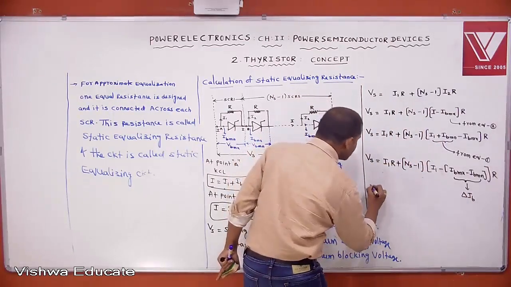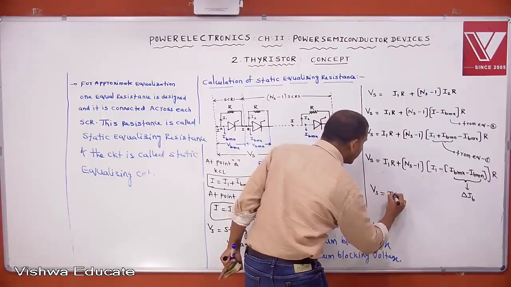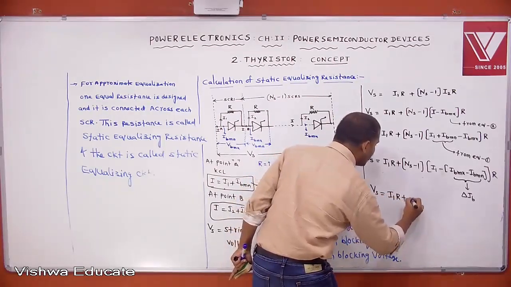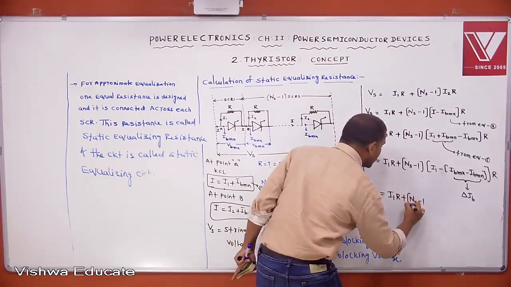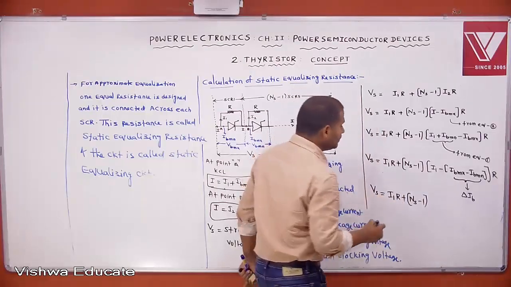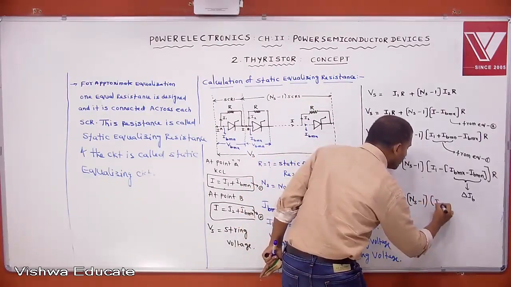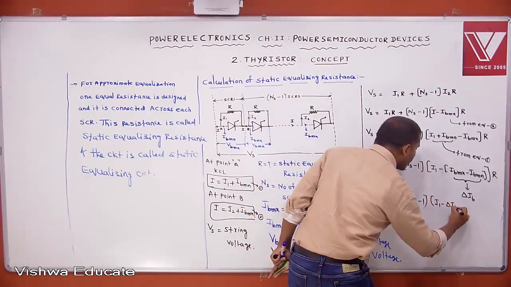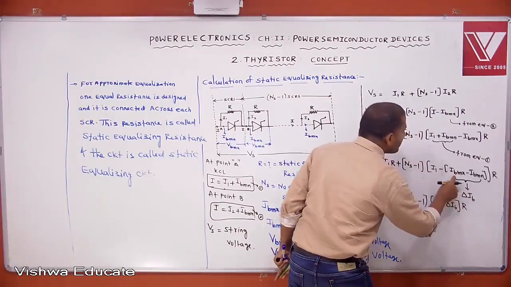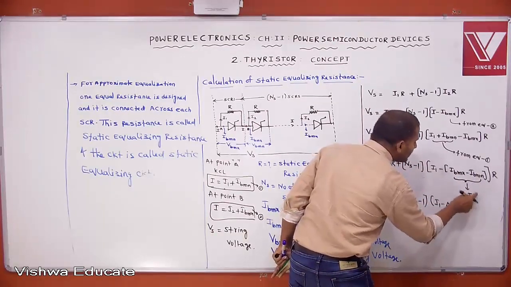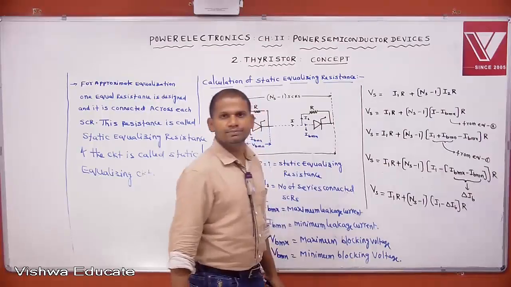Then the total string voltage equals I1 into R plus Ns minus 1 into I1 minus delta IB into R. The maximum current minus the minimum current, I have taken as delta IB.